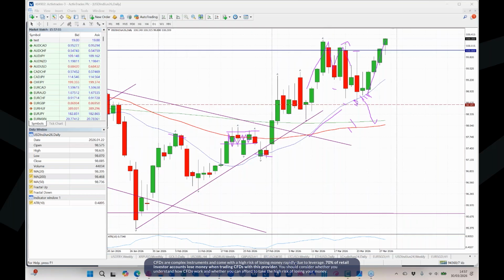But then also, does it have the 20 acting as dynamic support, which gives you a little bit of confirmation of where the trend and the momentum and the speed is going. So that's why I look at that, and it's relevant to what we see going on at the moment in the charts themselves.